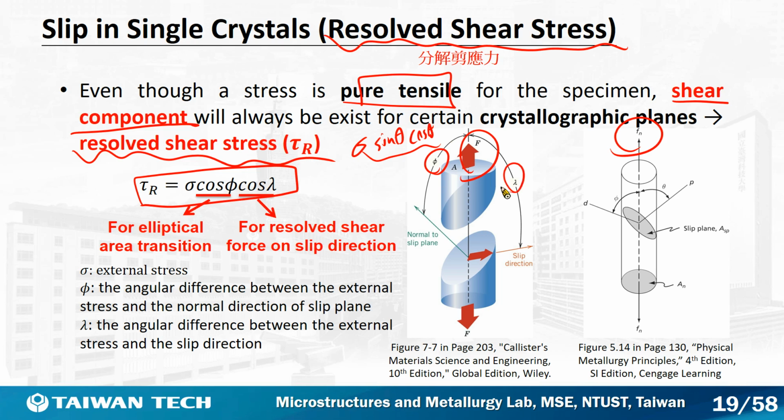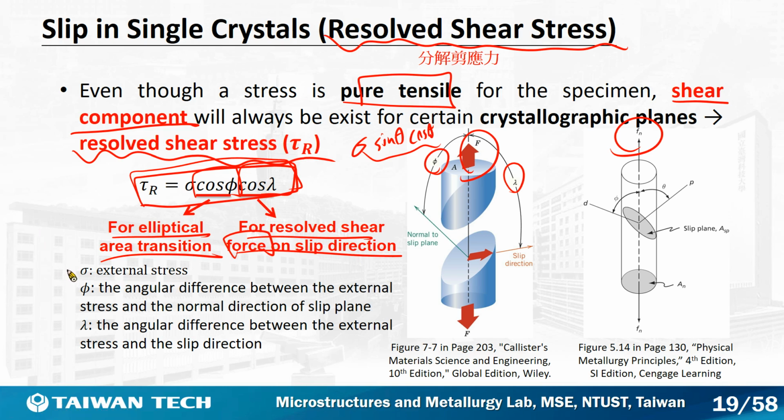We use phi and lambda. So this is the cosine phi, which is for the calculation of the elliptical area transition. And cosine lambda is for the resolved shear force, the force on the slip direction.